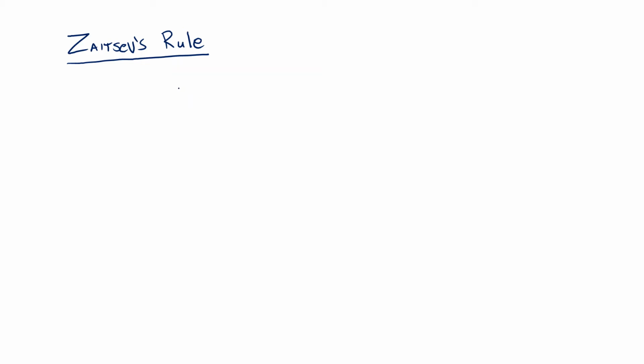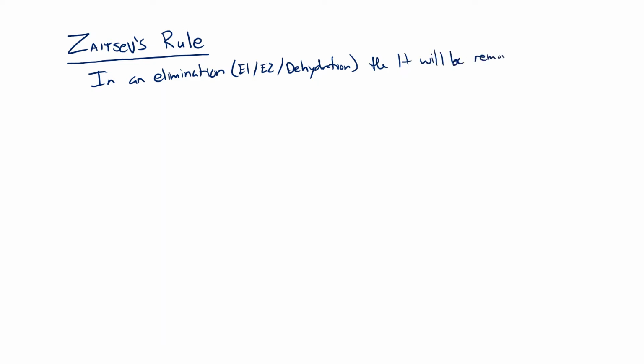Zaitsev's rule. So the Russians love their carbocation chemistry. They love their double bond chemistry. So Zaitsev is the one who came up with this rule. Zaitsev's rule says in an elimination reaction, and this is any type of elimination reaction, E1, E2, or dehydration, the hydrogen will be removed from the most substituted neighboring carbon.